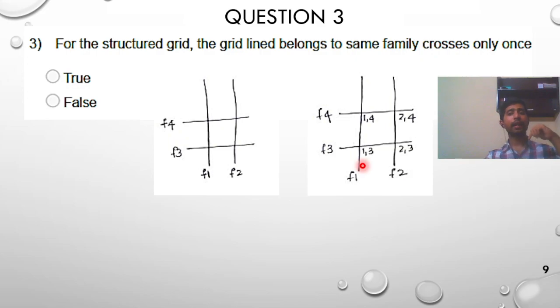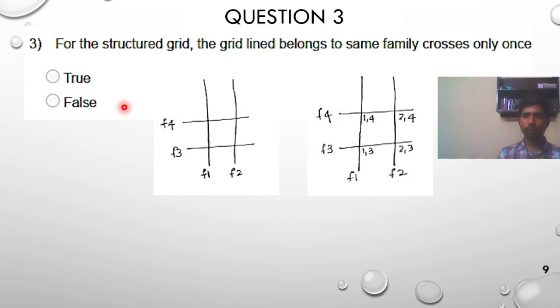It will intersect the other family of curves only once. f1 will intersect f3 only once. That is correct, that should be true. But the grid line which belongs to the same family, f1 being one particular family, will not intersect itself. So the answer should be false. For a structured grid, it will intersect the other family only once, but it will not intersect itself.